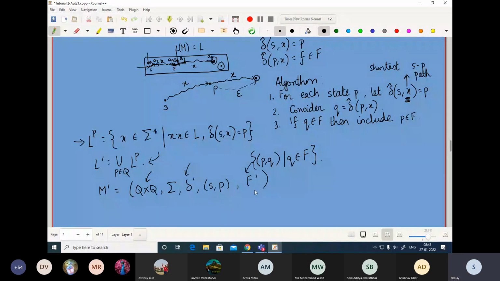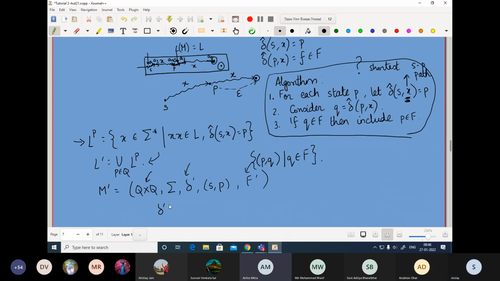What can this delta dash be? Yeah, please continue.